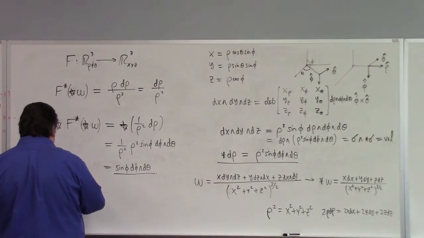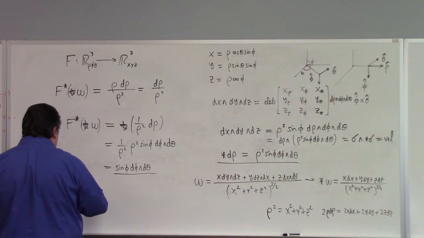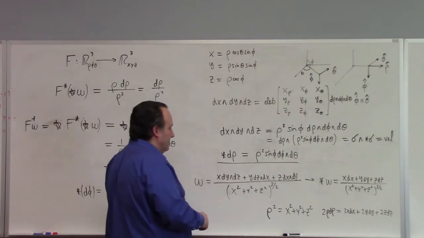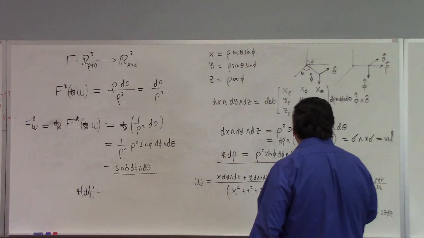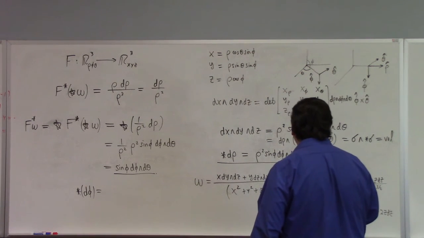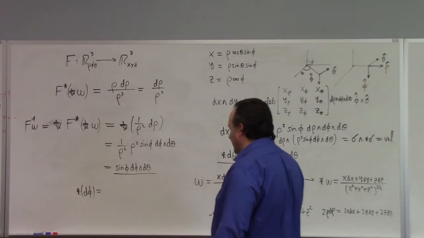What's the Hodge dual of d phi? Negative rho squared sine phi d rho wedge d theta. I don't know if it's negative. Ah, oh, never mind.